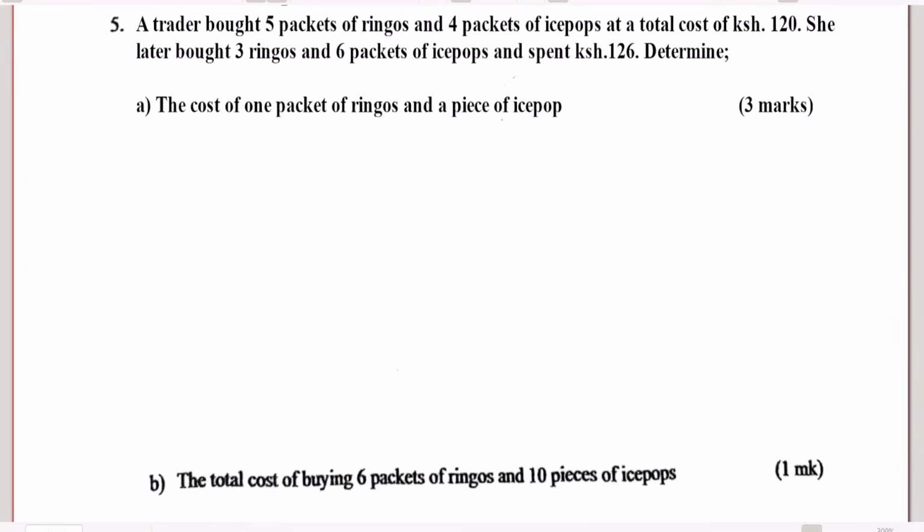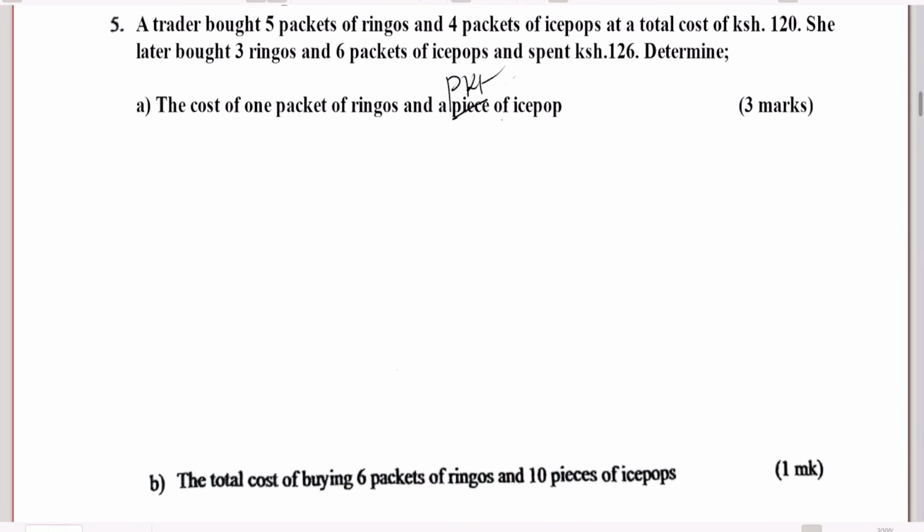Question 5. A trader bought 5 packets of Ringos and 4 packets of ice pops at a total cost of 120 shillings. She later bought 3 packets of Ringos and 6 packets of ice pops and spent 126. Determine A, the cost of 1 packet of Ringos and 1 packet of ice pop.